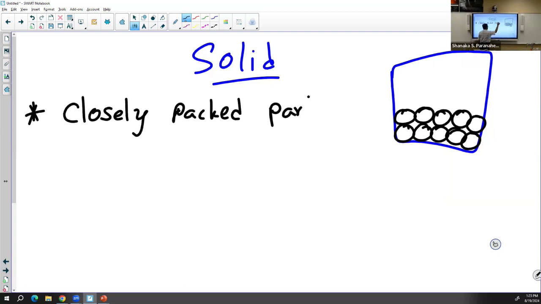These particles have very strong interactions between each other. That's why they stay close to each other. So interactions between particles are very strong.